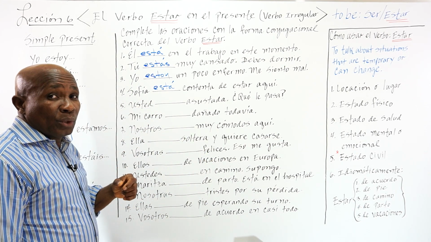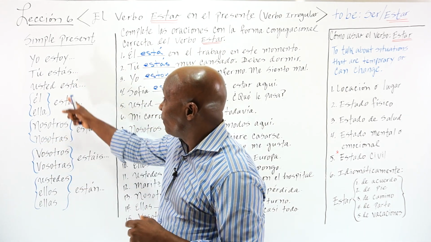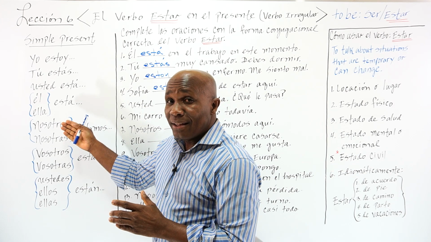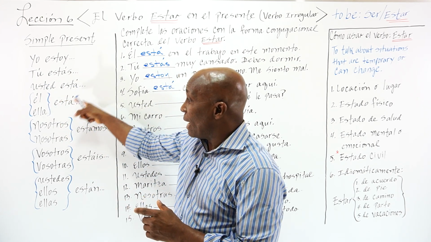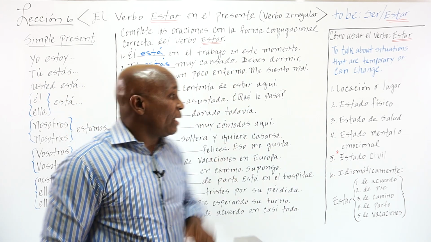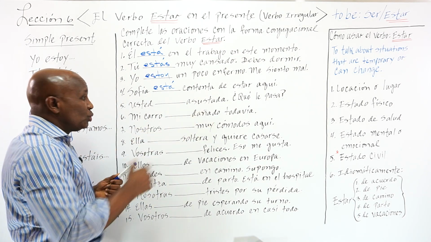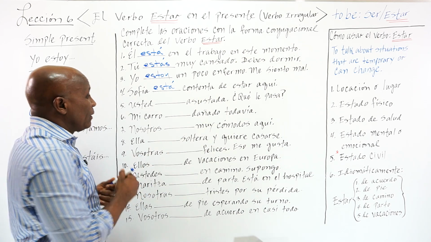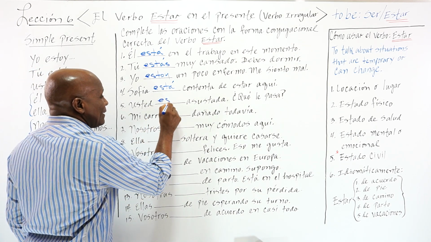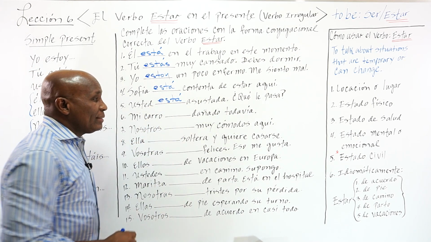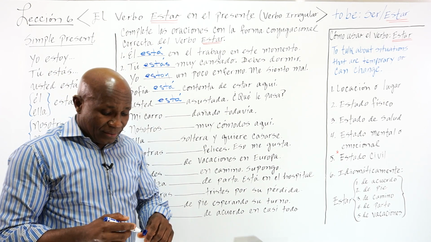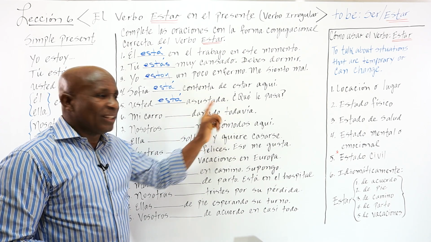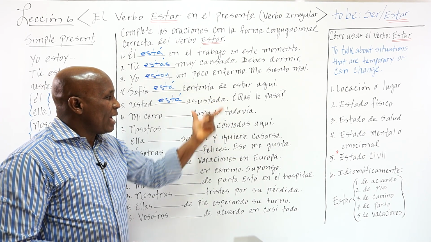Usted está. You know, it's the same for él, ella. Usted está, o ella está, o él está. So, usted, that's you, but respectfully, usted está. Usted está asustada. This is feminine because you see this asustada. You see the a in the adjective asustada.